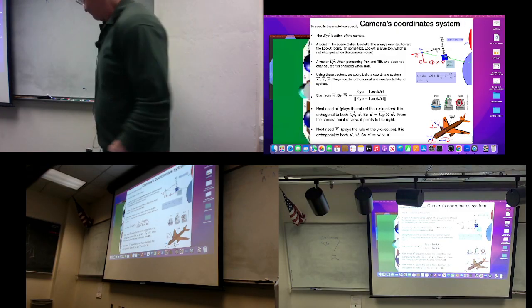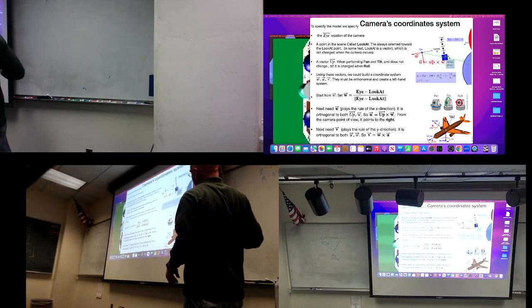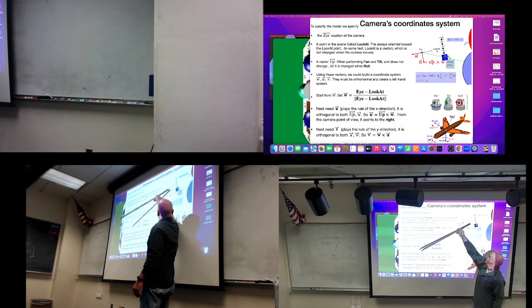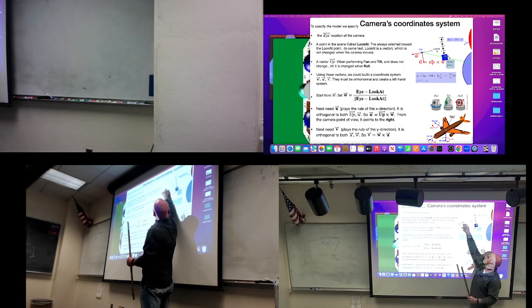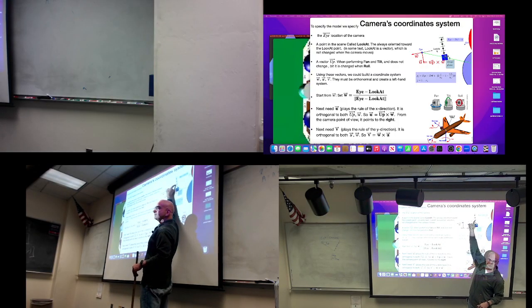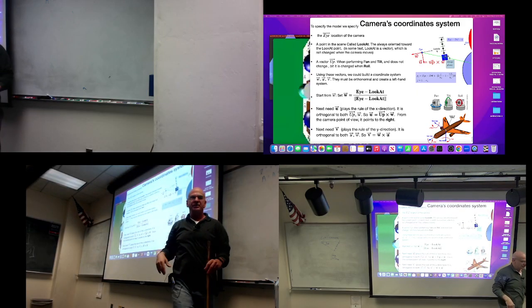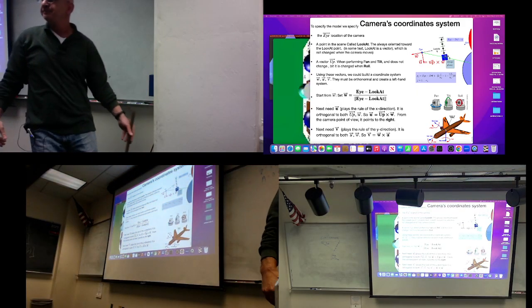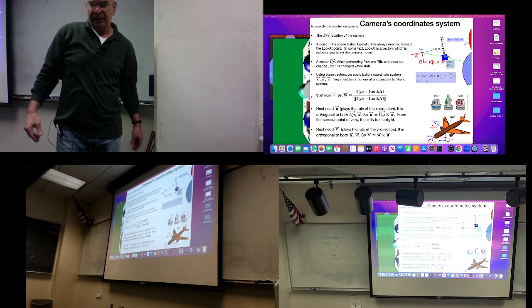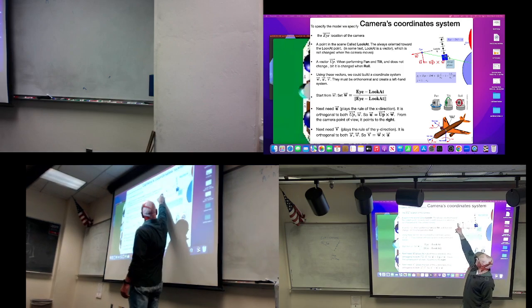And then the vector W is well defined. W is just pointing in the opposite way from the look at direction. I'm looking at you, so W is toward the wall, toward the other class. Okay, and we'll normalize W.